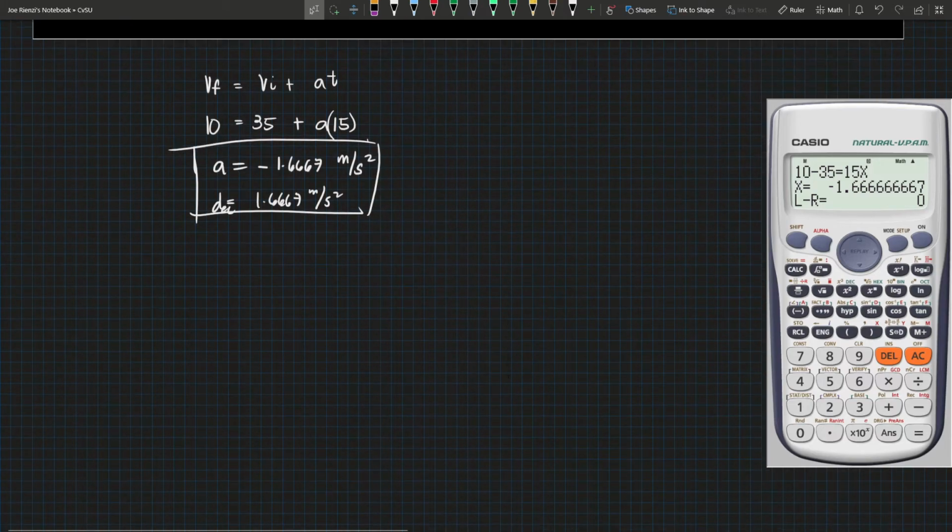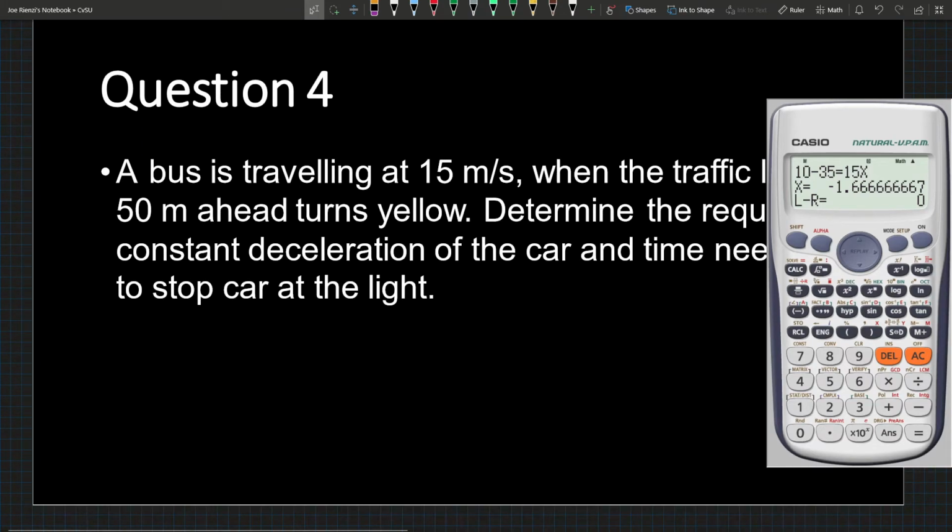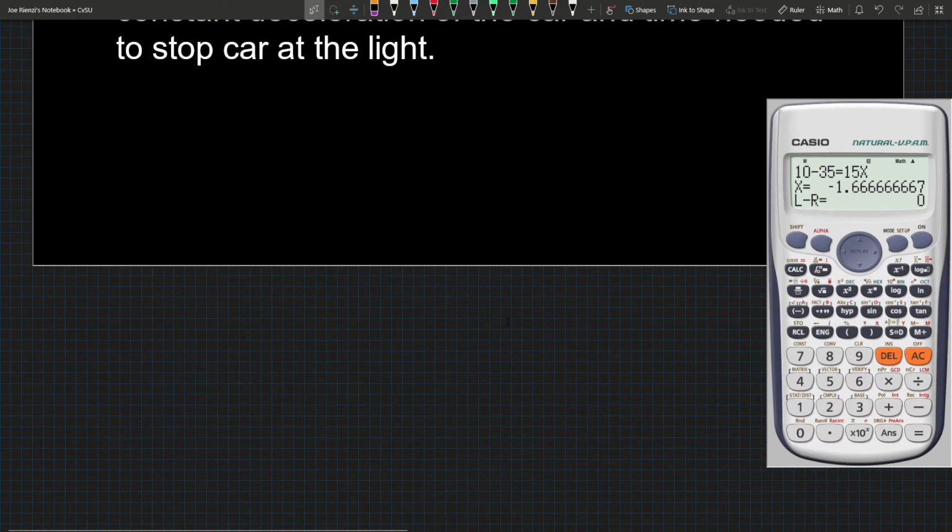As for our fourth question, a bus is traveling at 15 meters per second when the traffic light 50 meters ahead turns yellow. Determine the required constant deceleration of the car and time needed to stop the car at the light. So basically, to draw, we have traffic light somewhere here, kunyari.